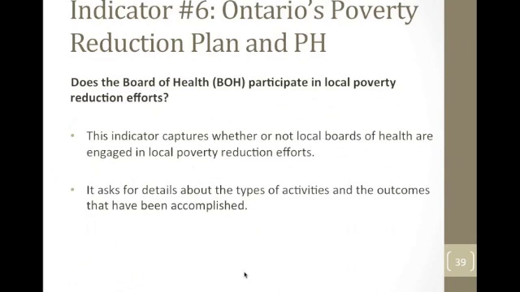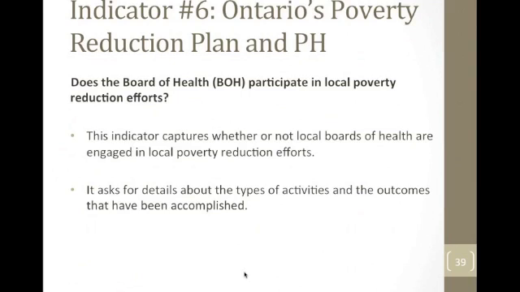Ontario is one of the provinces that has actually embarked down the road of making poverty reduction a priority. And this indicator should capture whether or not boards of health are engaged in local poverty reduction efforts that form a component of this provincial priority.